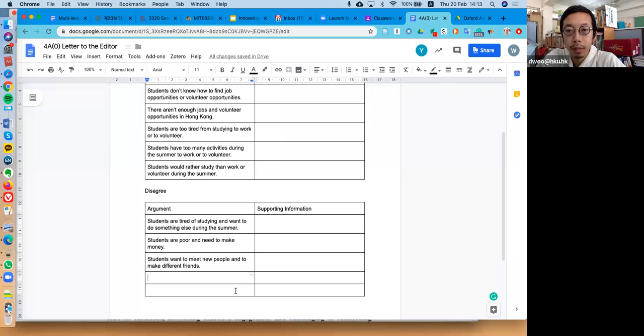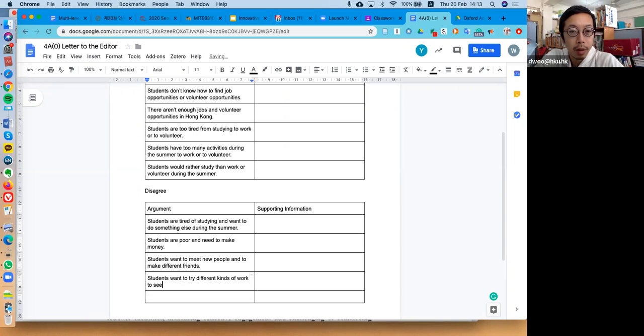So students want to try different kinds of work to see what kind of work they like. That's one reason why students would work during the summer.